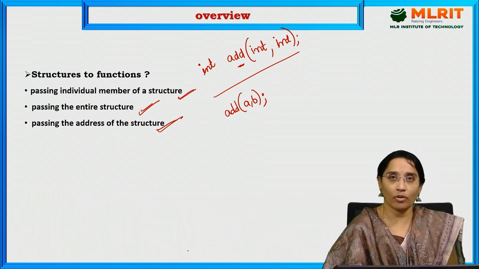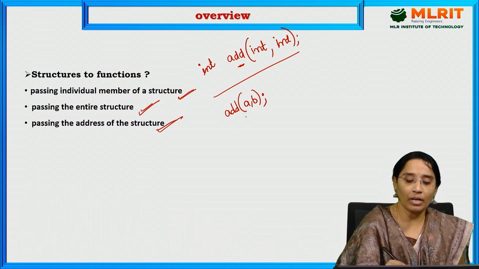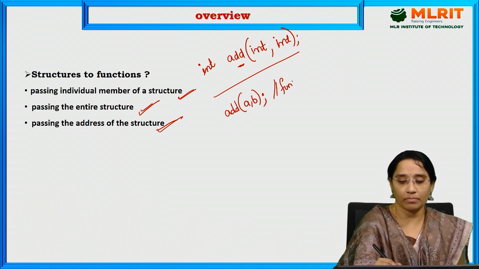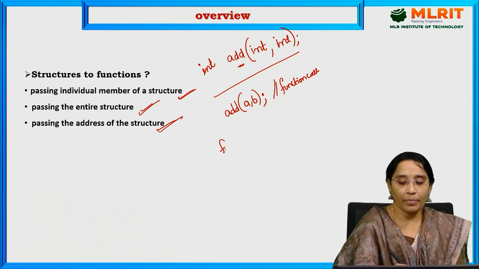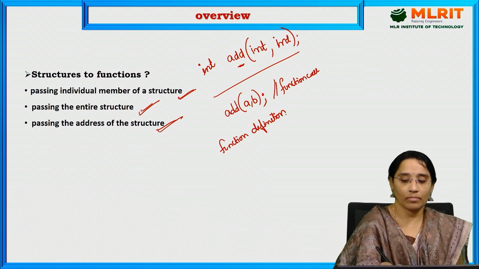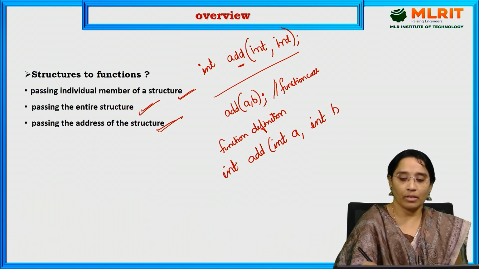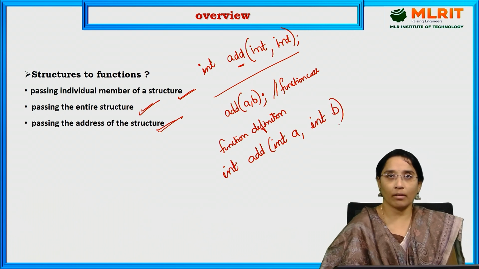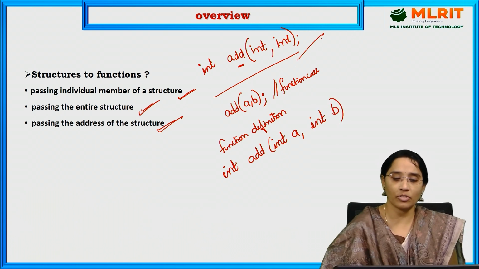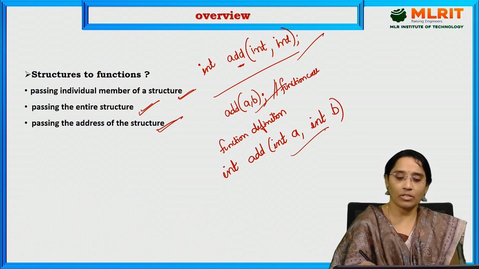It is add(a, b). This is your function call. And what will be your function definition? int add(int a, int b). So like this you will declare the function declaration, function call and function definition.